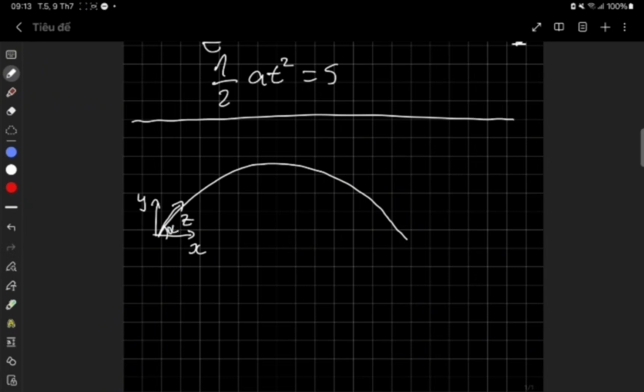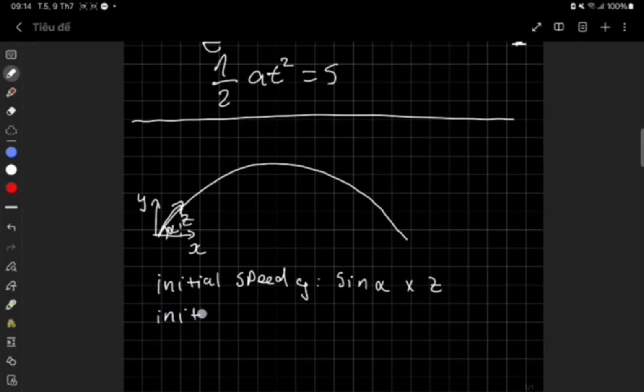To know the value of the vertical component, for example, we have the initial speed. For the y component, it will be sine of alpha times z. This is basic trigonometry. You can see a right triangle here.